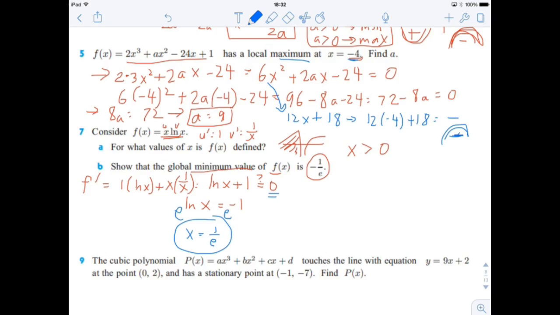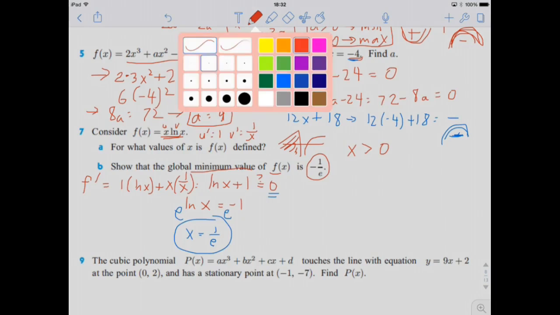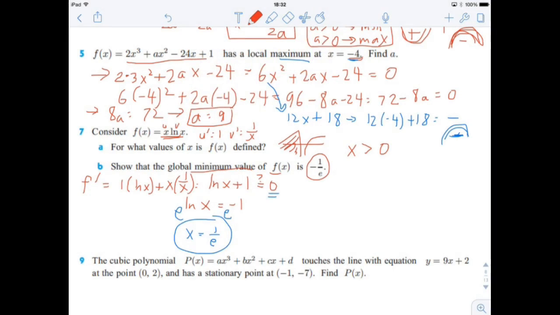So that is the value of x which gives a stationary point. What value do we get out of f if we put in 1 over e? It will be 1 over e times the log of 1 over e.